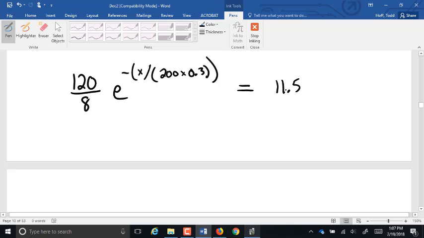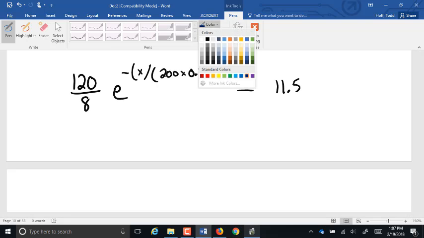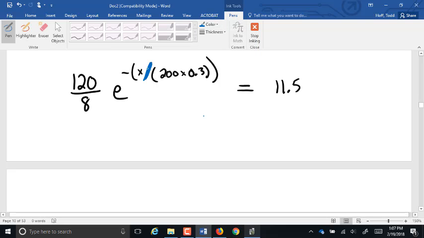Try that. Yeah, that's a parentheses before the x. This here is division.